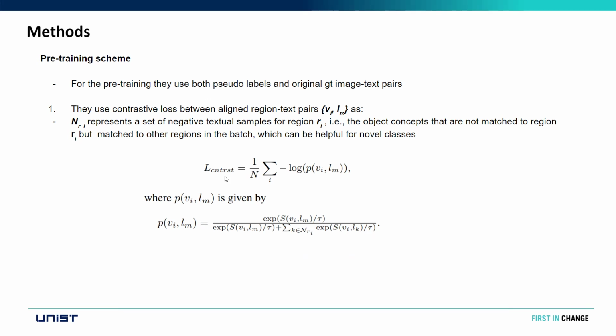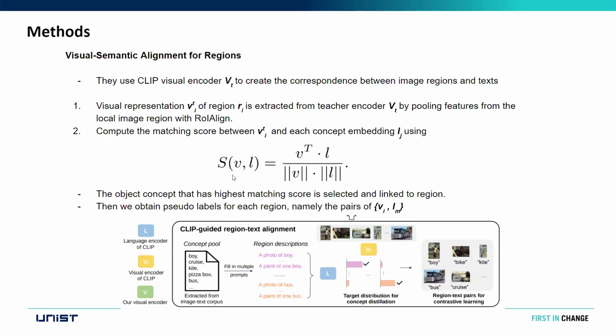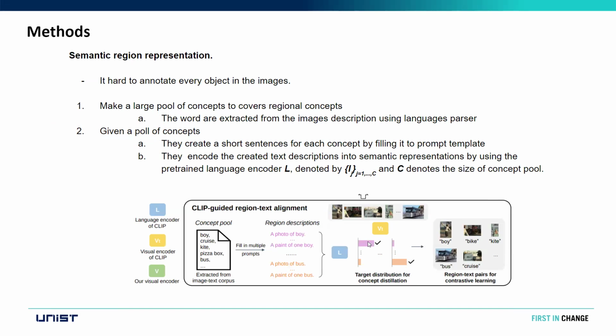This is the contrastive loss they calculate between each prompt and region. In this loss, they also take into account the matching between them. As you can see here, this prompt best describes the first region, and this prompt best describes the last, something like that.